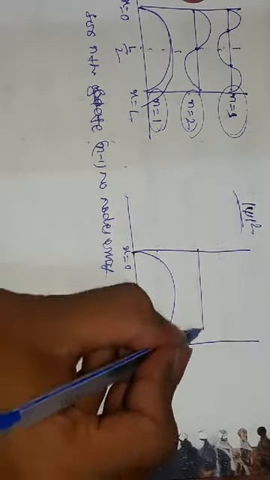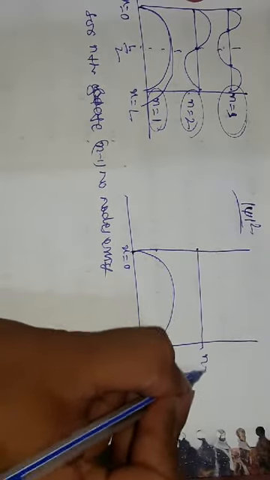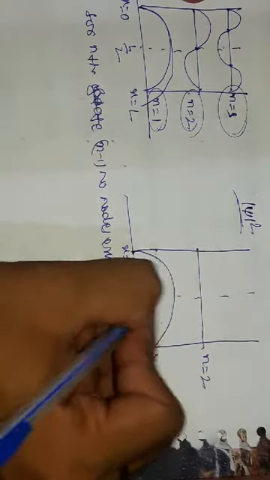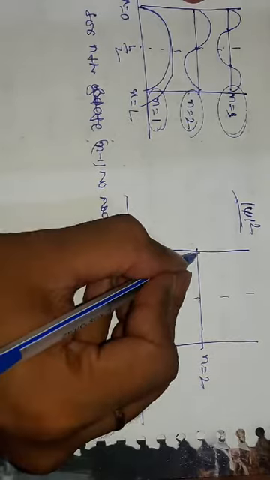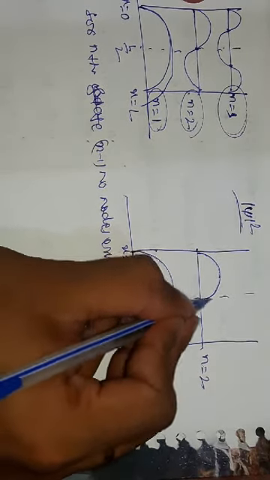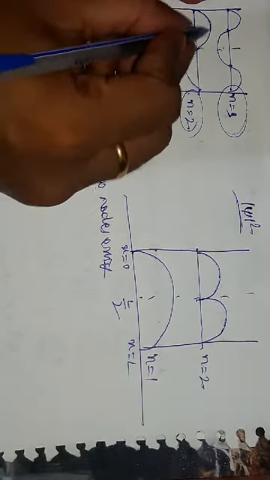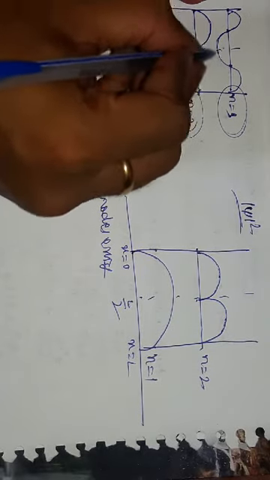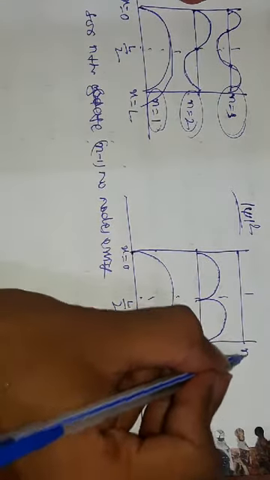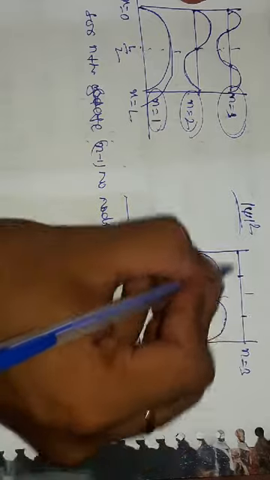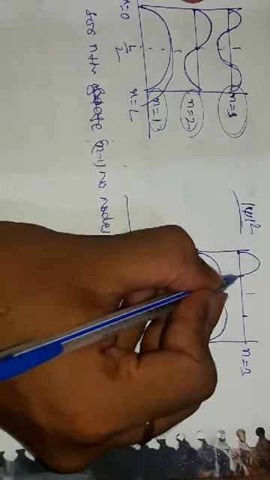Okay, and for n is equal to 1 ground state, n is equal to 2 first excited, this is l by 2, the probability density becomes like this. Here the wave function is this type, for n is equal to 3, the probability density becomes this type.